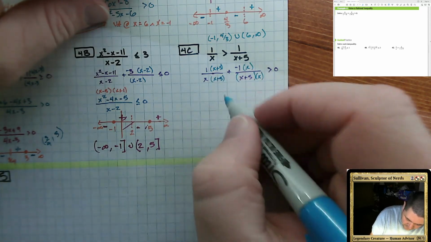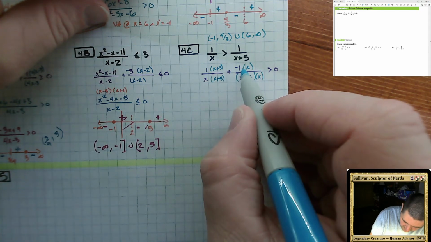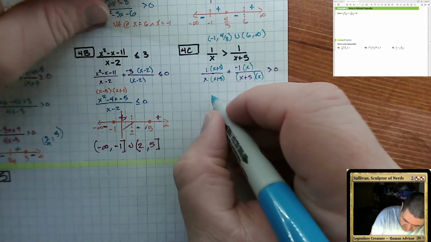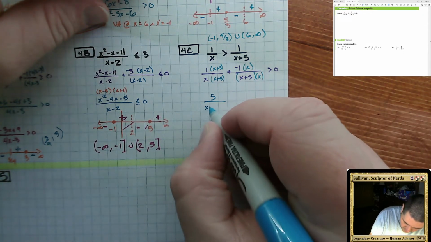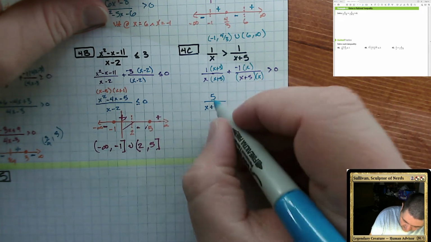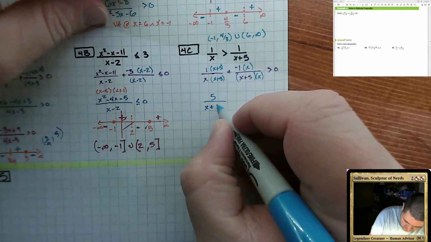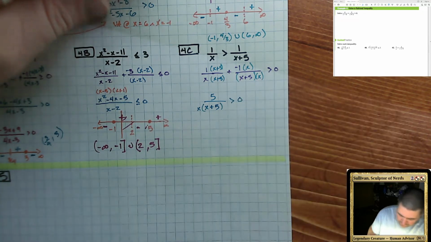Distribute up top. Combine like terms. This will be x minus x plus 5. Well, that's just 5 over x squared plus 5x. But I'll leave it like this since I know what I have to do with it.